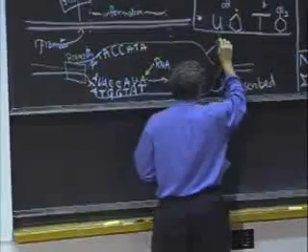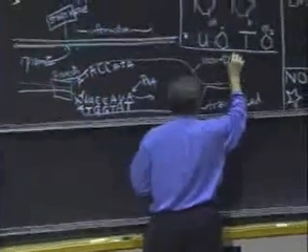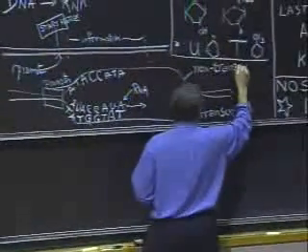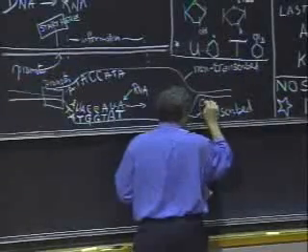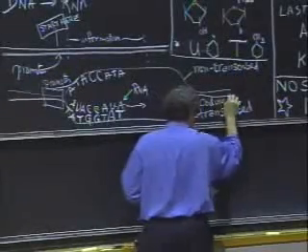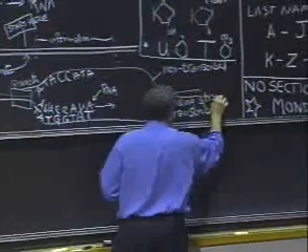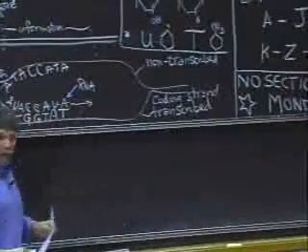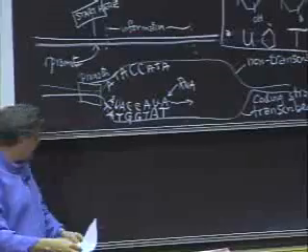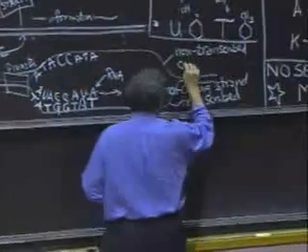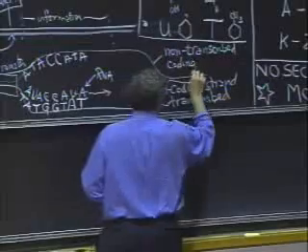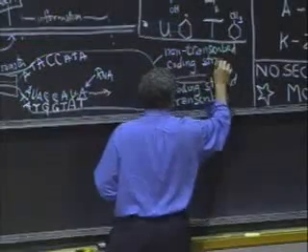This is called the non-transcribed strand. That makes good sense. This is also called the coding strand, and you will find it in your books as the coding strand. Why is it called the coding strand? Sorry, the non-transcribed one is the coding strand.